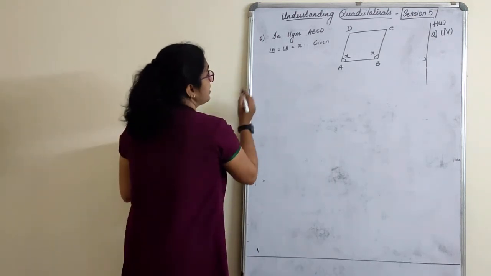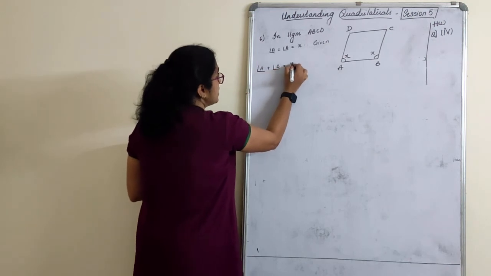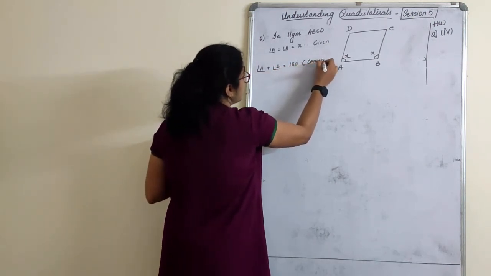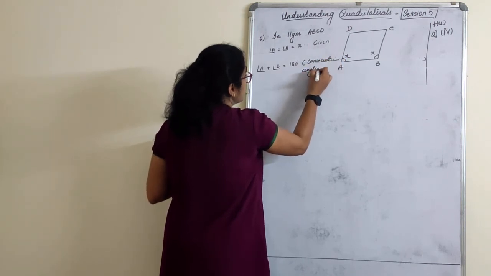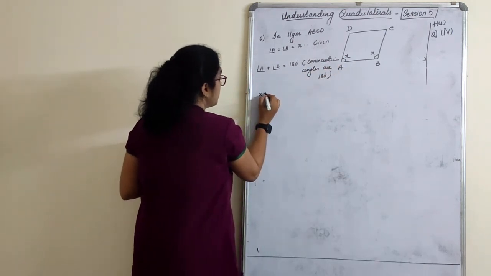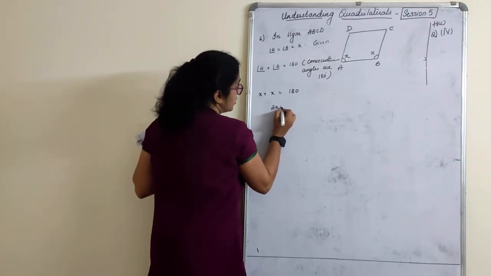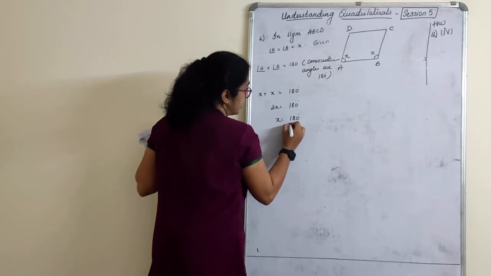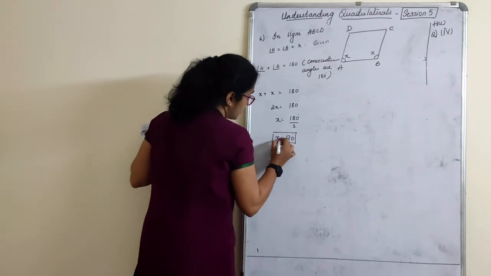Okay. So let's find the remaining angles. Angle A plus angle B is equal to 180, since consecutive angles are supplementary. x plus x is equal to 180. 2x is equal to 180. x is equal to 180 by 2, x is equal to 90.